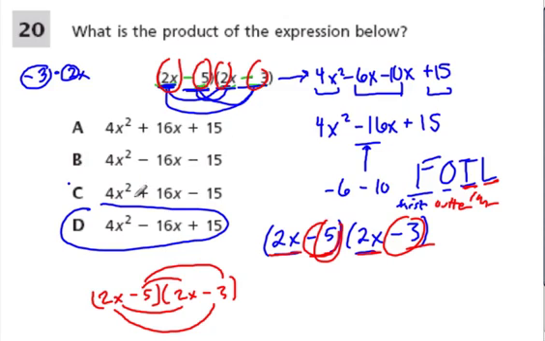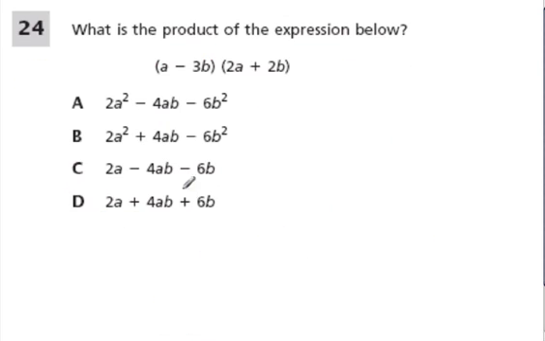And that's the way I like to think about it, because I just say to myself, I've got to take this thing and multiply it by everything over here, and this term and multiply it by everything over here. And if I do that, I'm all set. FOIL is helpful for these types of polynomials, but might confuse us a little bit for bigger groups. So let's look at the next problem.